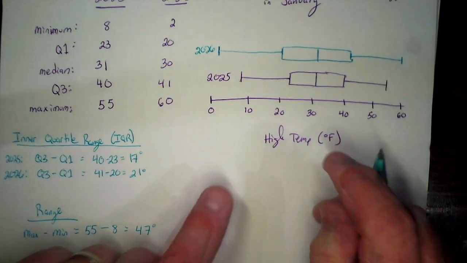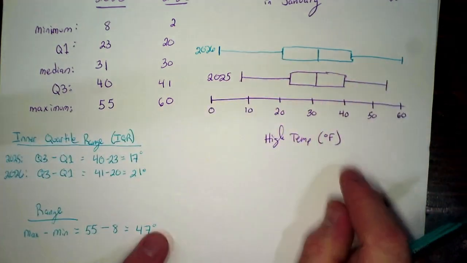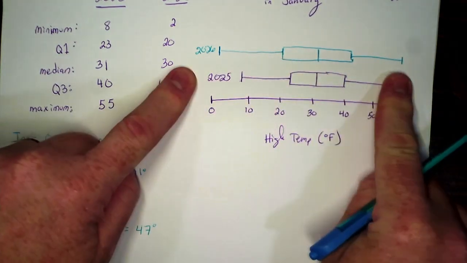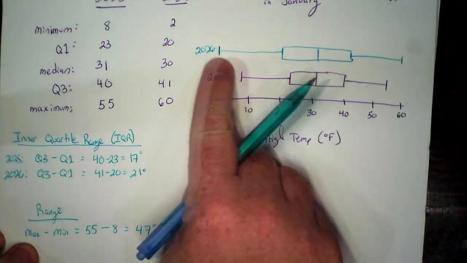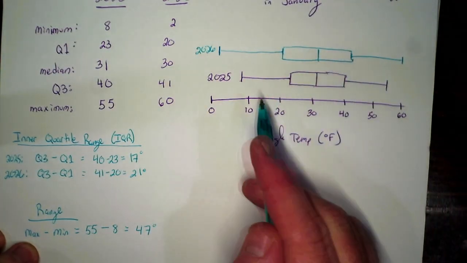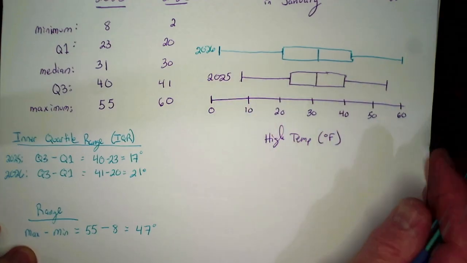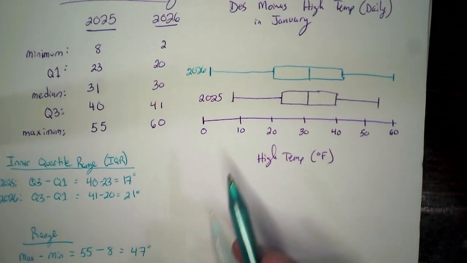And if you notice, the middle box for 2026 is a little longer, but also the whole set of box and whisker is longer, which means there was a larger span of high temps in 2026, so more variety than in 2025. And then we can say, okay, what about the lowest 25% of days?